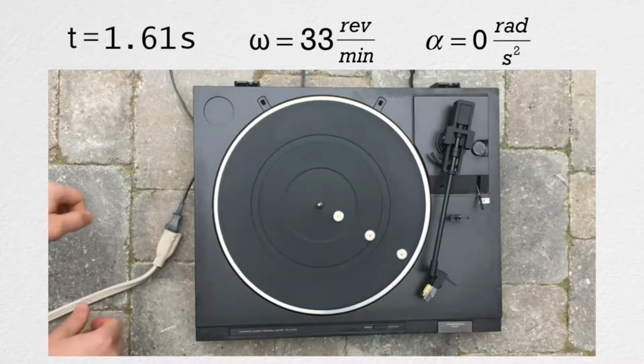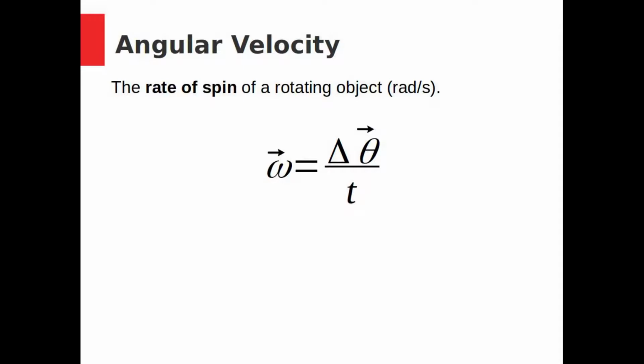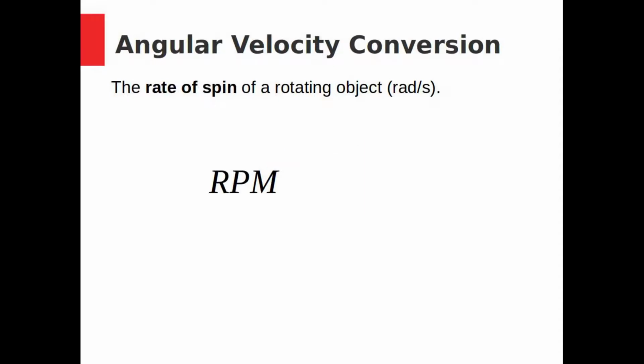Or, more simply, if regular velocity tells you how fast something moves, angular velocity tells you how fast something spins. Angular velocity is symbolized by the Greek letter omega. It is a vector. Colloquially, it is often measured in revolutions per minute, or RPM, how many complete cycles are made per minute. However, to stay consistent with angular displacement, we will use radians per second.